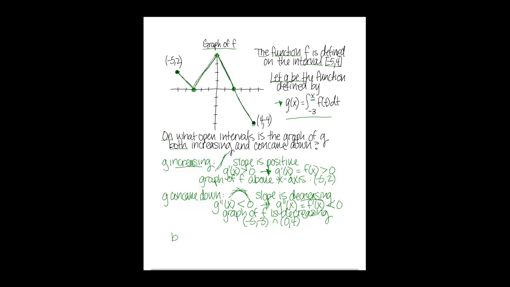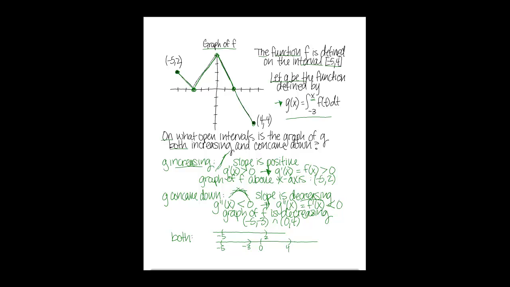So to answer the question, where is it doing both, then we just look at the overlap, and it's easy to do with a picture. So if we look at that first interval, it was from -5 to 2. And then the second intervals we came up with were from -5 to -3, and then again from 0 to 4.